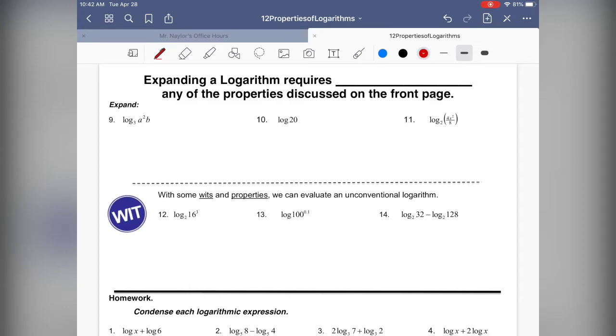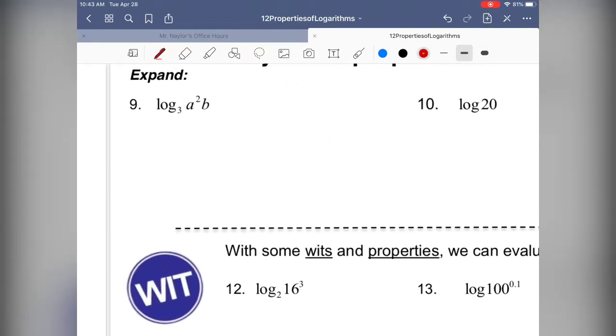So if we want to expand a logarithm, well, that's going to require us to reverse or a reversing of the properties that are on the front of the page. Now, reversing the properties means that we're going to be writing out multiple logs because we're going to be expanding the problem.